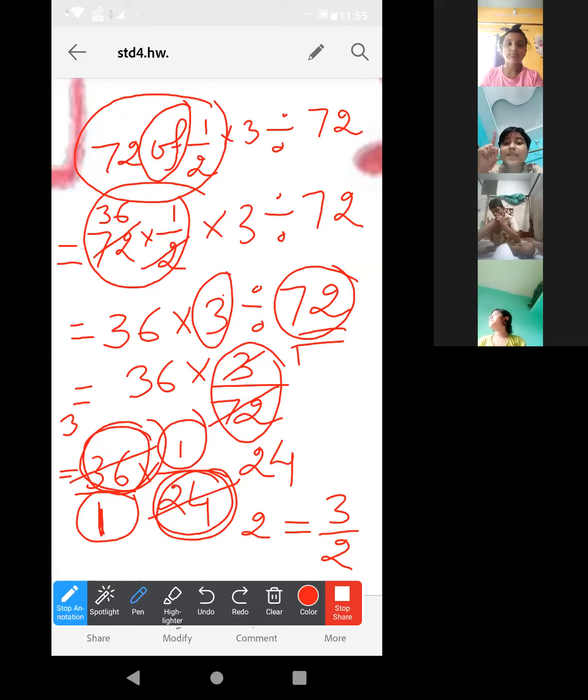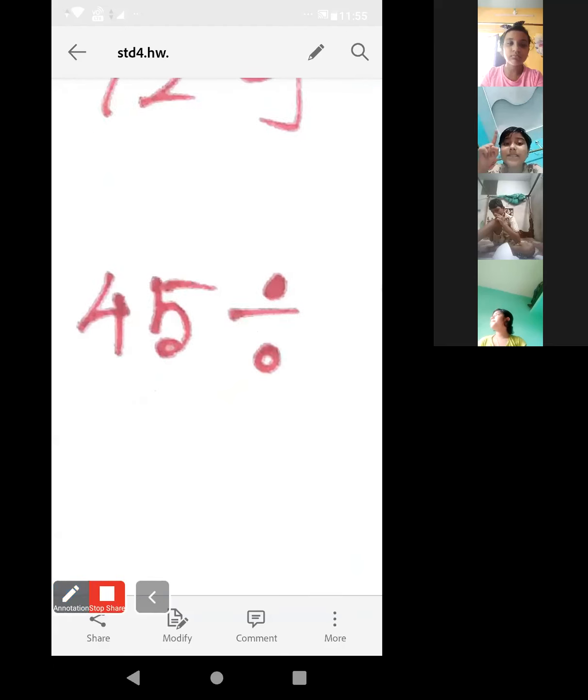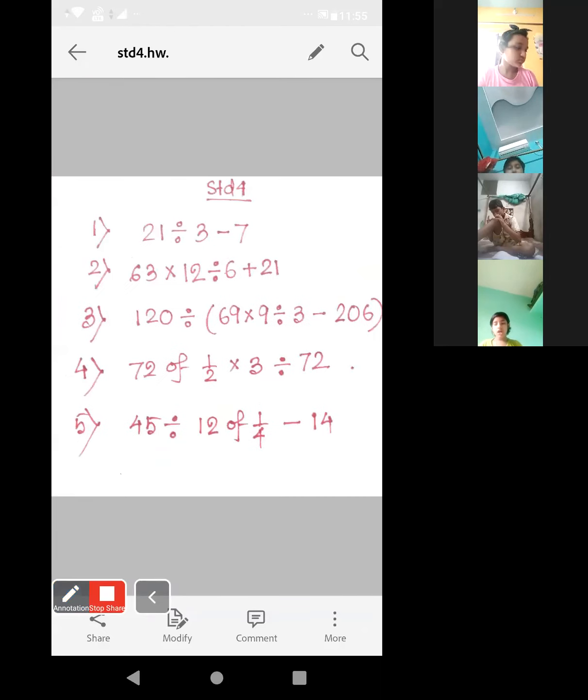Have you understood this one? Before you complete the last one, then I am coming.